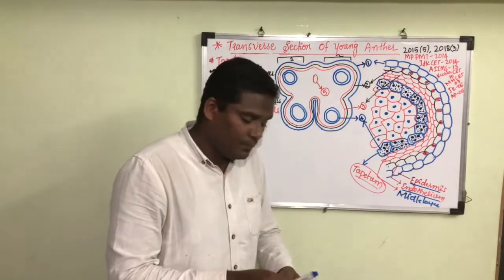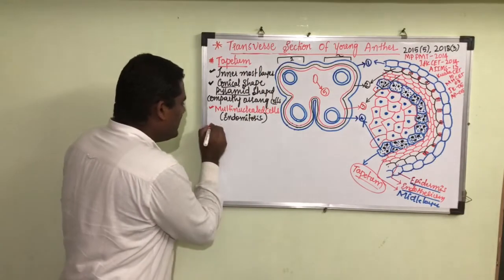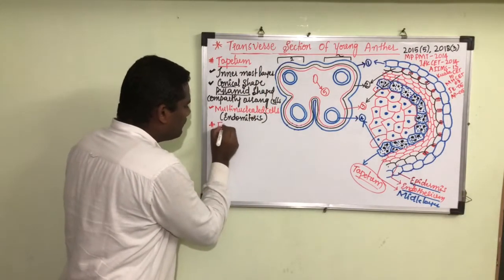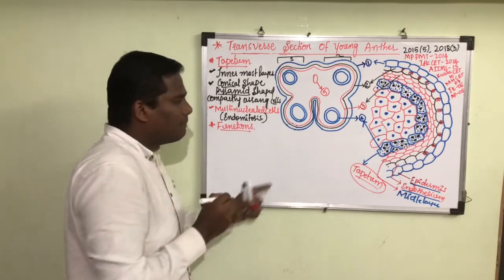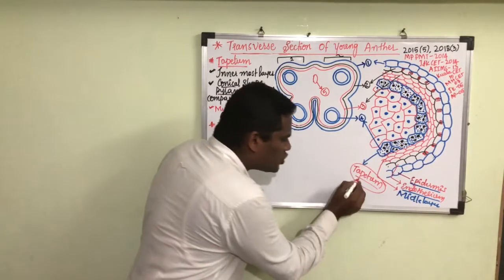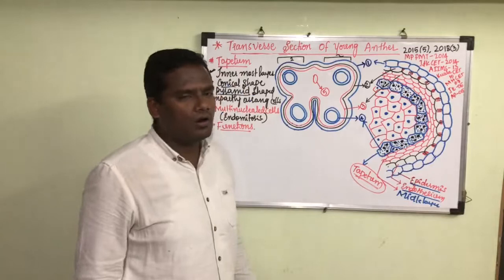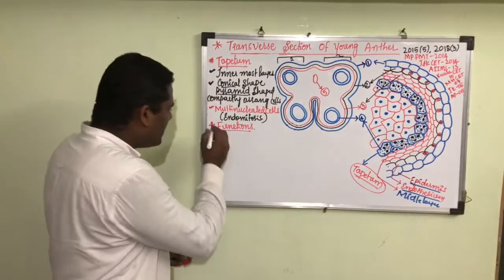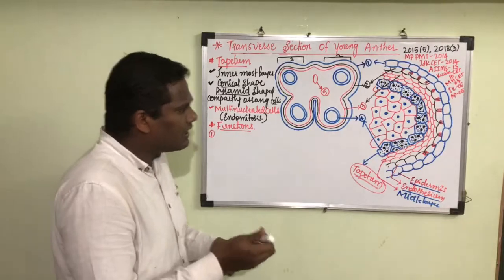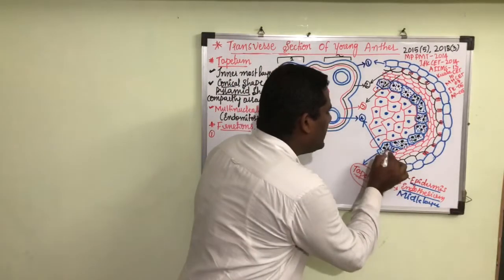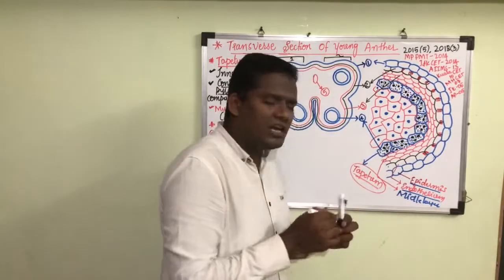Now, tapetum is the most important layer in the anther. Why is it most important? After studying the functions of the tapetum, you will agree it is the most important layer for an anther. The first function of the tapetum: its cells consist of various nourishing material.